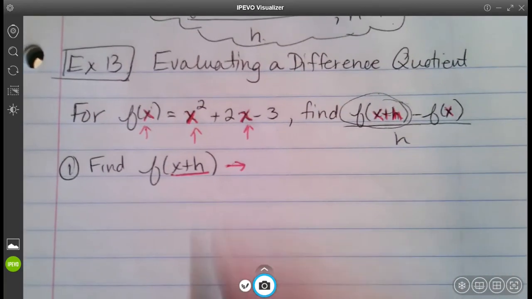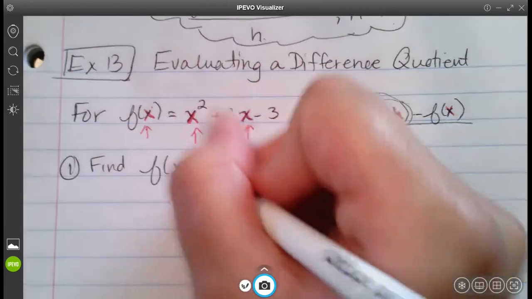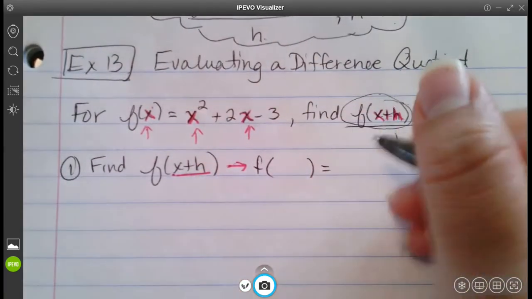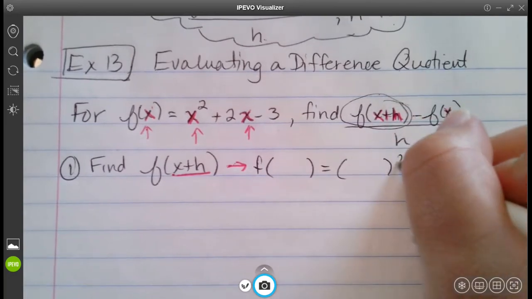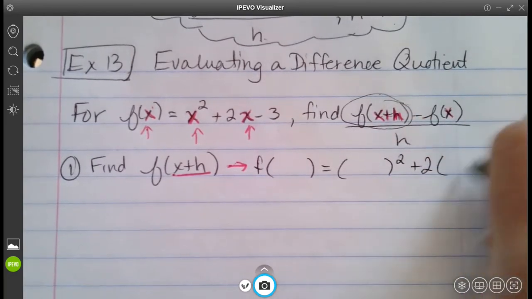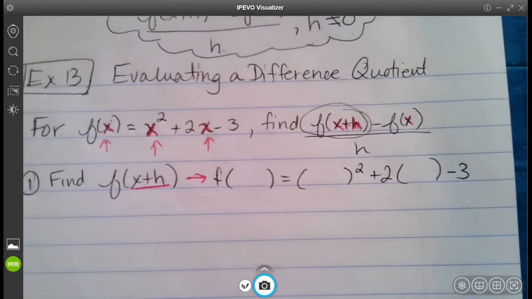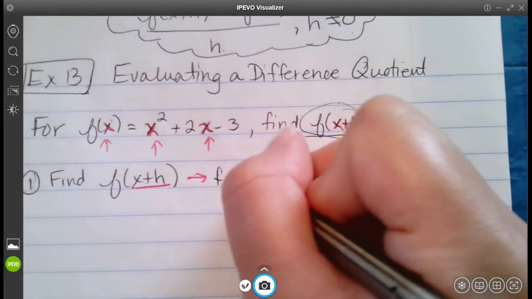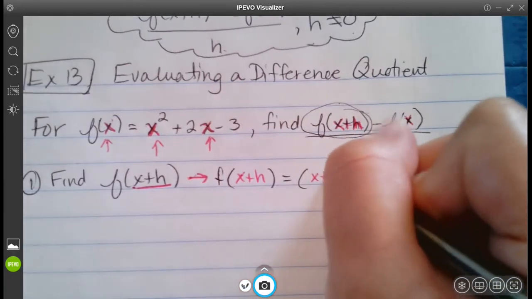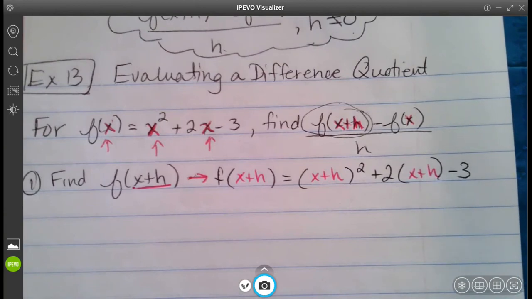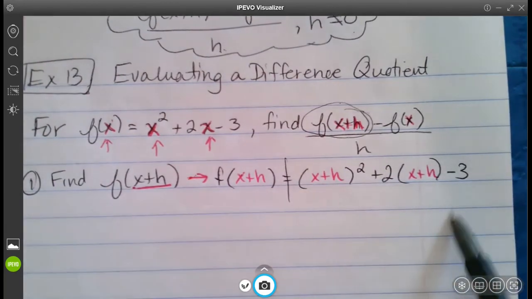So here's what it's going to look like. f of parentheses is equal to parentheses squared plus 2 parentheses minus 3. Inside those parentheses, we're going to put that x plus h. And we're going to evaluate the right side of this, so everything over here.